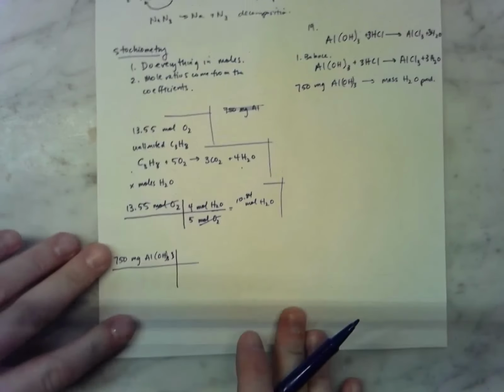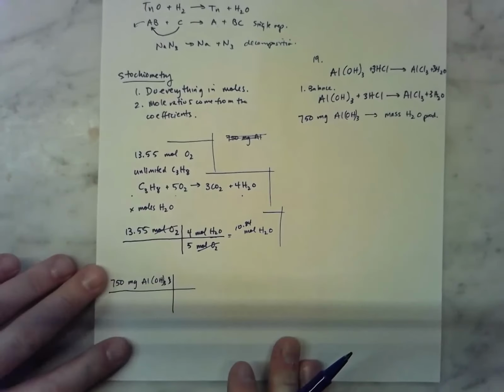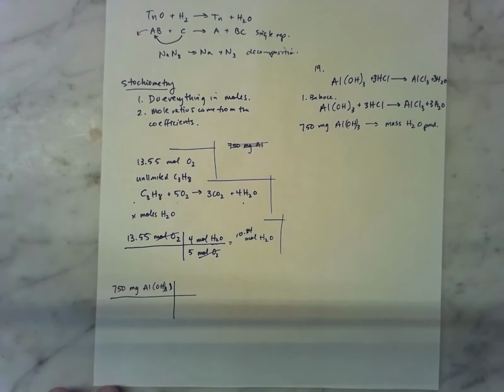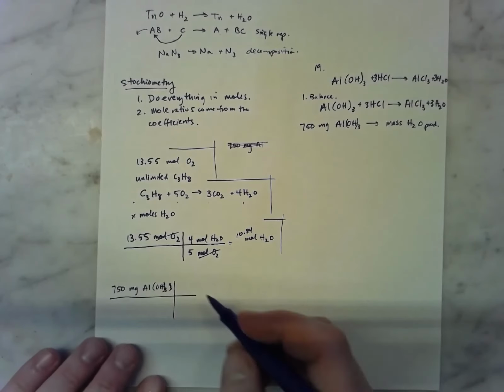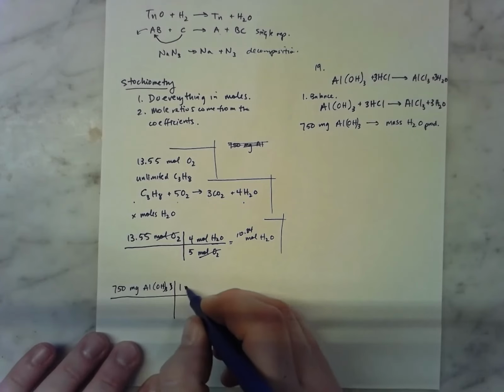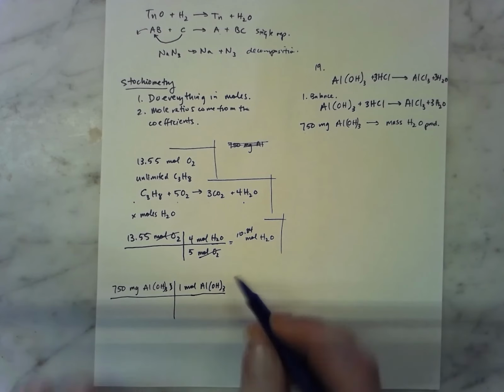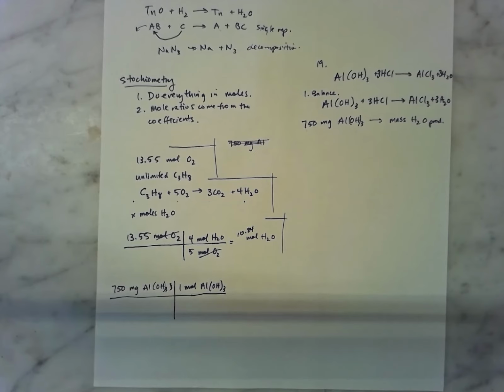What did we say we had to do? Okay. We said we have to get into moles first. So we're going to say 1 mole of AlOH3. Right, and then we go back to the stuff that we learned last semester.